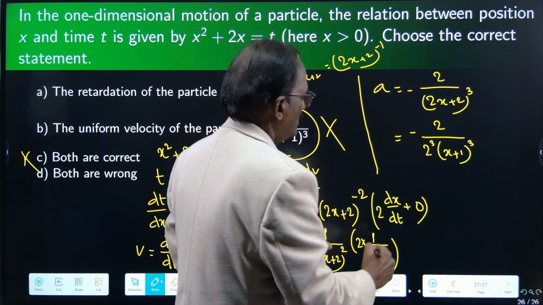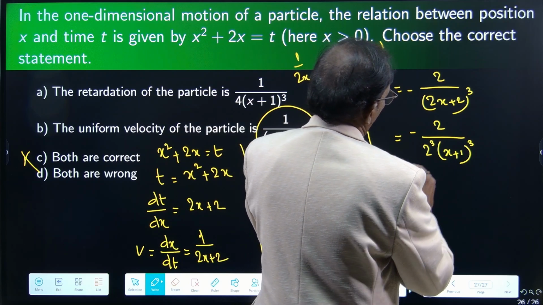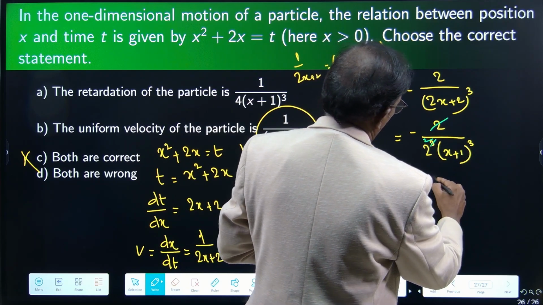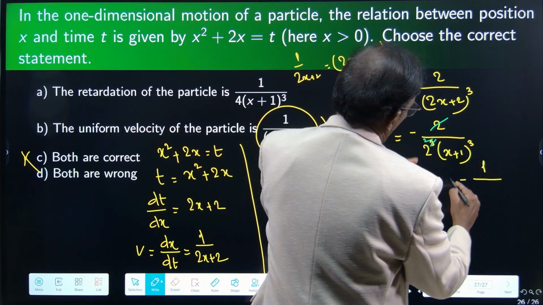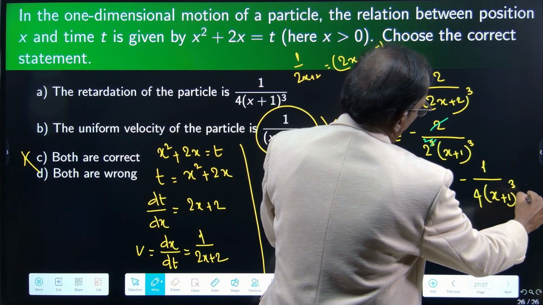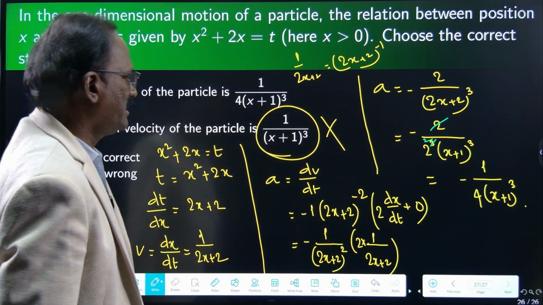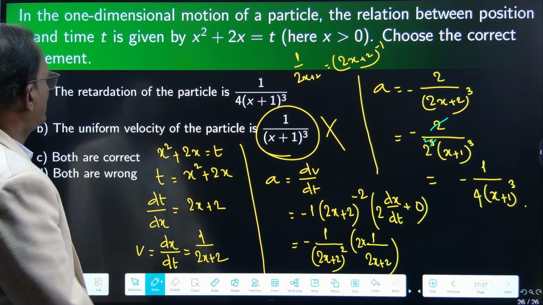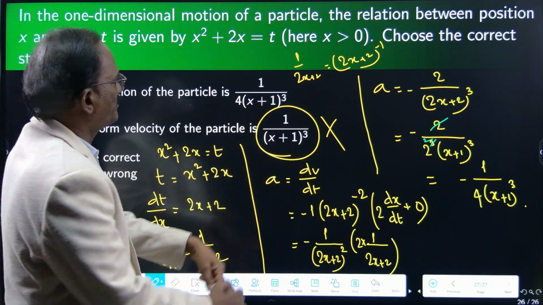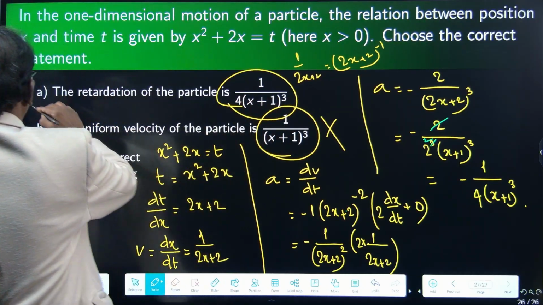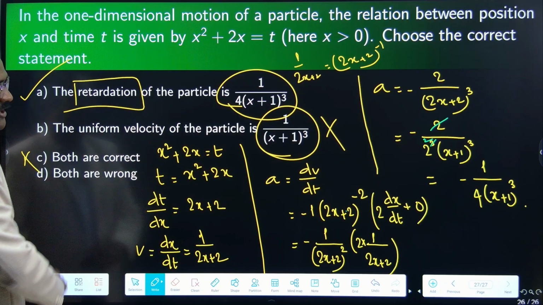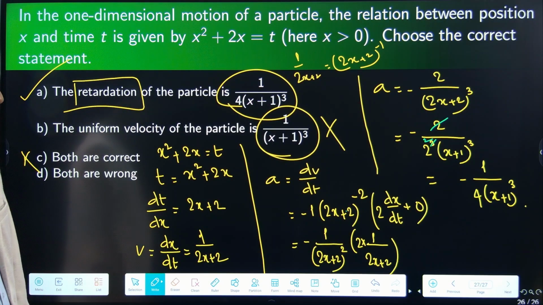Then one 2 can be cancelled. It is 2² which is 4. So this is minus 1 divided by 4(x + 1)³. The retardation of the particle is 1 divided by 4(x + 1)³. Yes, true, this is correct. The minus sign is for retardation, negative acceleration.